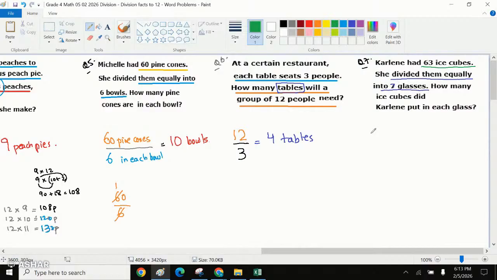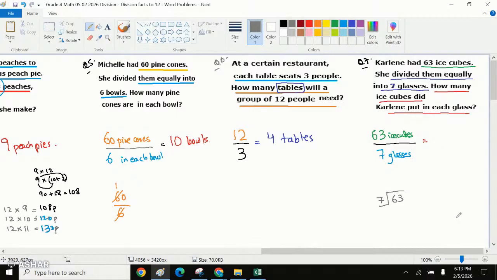So we can say 63 ice cubes were put in 7 glasses. What we need to find is how many ice cubes Carlene put in each glass, when 63 is divided by 7.